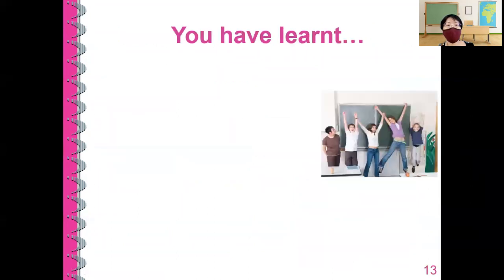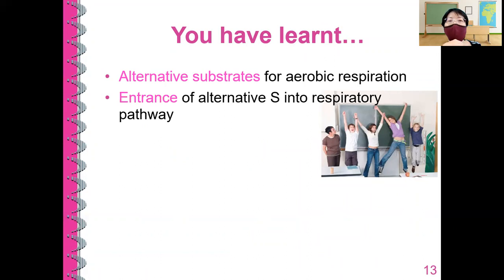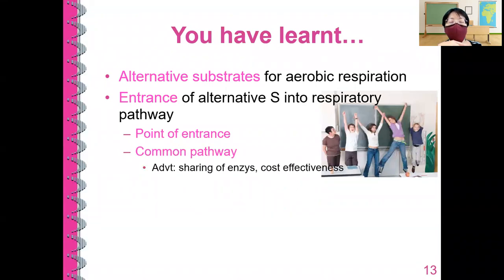Okay. So in this lesson, you have learned alternative substrates for aerobic respiration, and the entrance of all these alternative substrates into the respiratory pathway: where they enter, the point of entrance, and that they share the common pathway. The advantage of sharing is that it is more cost effective because you only produce the enzymes for the common pathway.